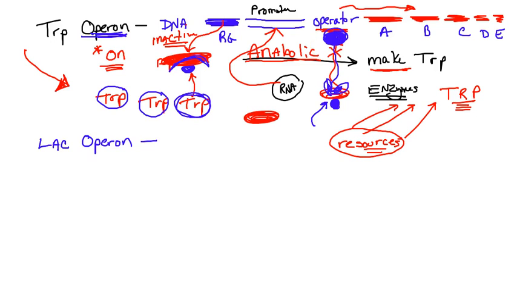Okay, now, what about the lac operon? The lac operon is the same idea. You've got DNA, you've got upstream some regulatory proteins, you've got a promoter, the place where the RNA polymerase wants to attach.